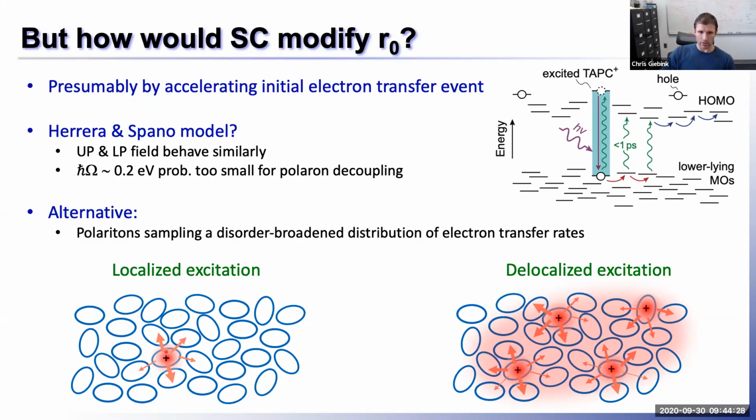If we look at what happens if we delocalize this excitation in a polariton type excitation, so now that excitation is shared among many different polarons, those with the largest coupling strengths, just by virtue of fortuitous orbital overlap, are going to dominate, and you potentially have a pathway to accelerate the overall rate of electron transfer for the polariton.